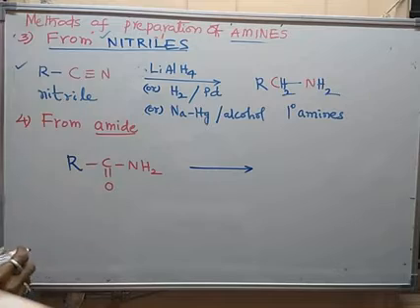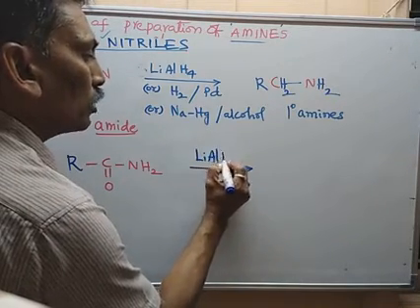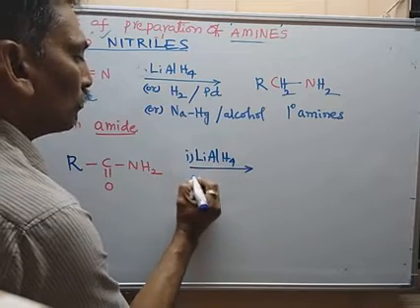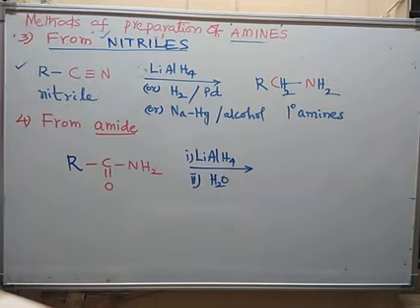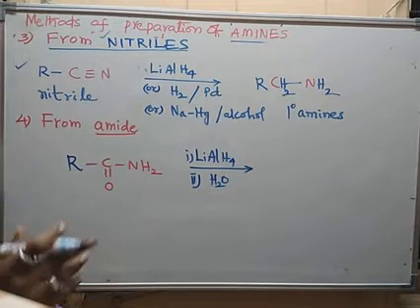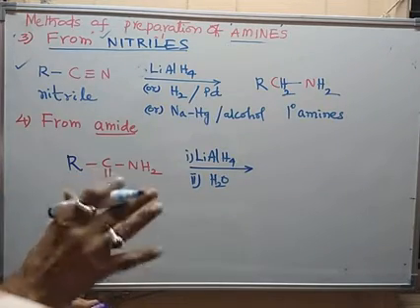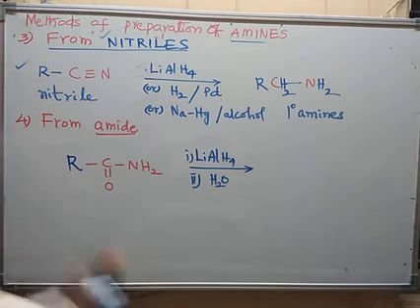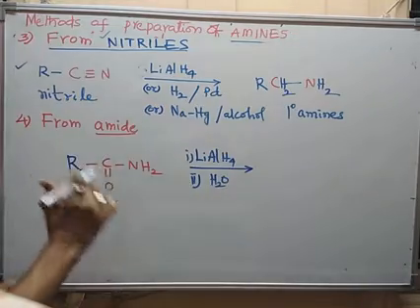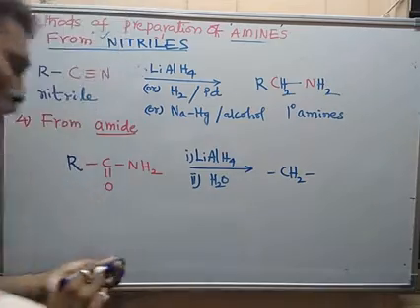It is reduced by the strong reducing agent lithium aluminum hydride in the first step, followed by hydrolysis in the second step. Without writing a balanced equation, as I already informed you, a few organic reactions do not follow balancing, because the entire products are not considered. Just CO is converted to CH2, the remaining stays as it is.